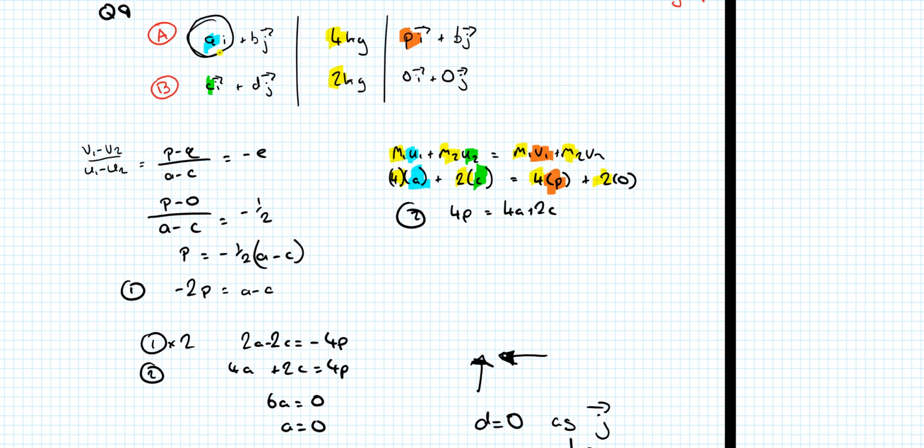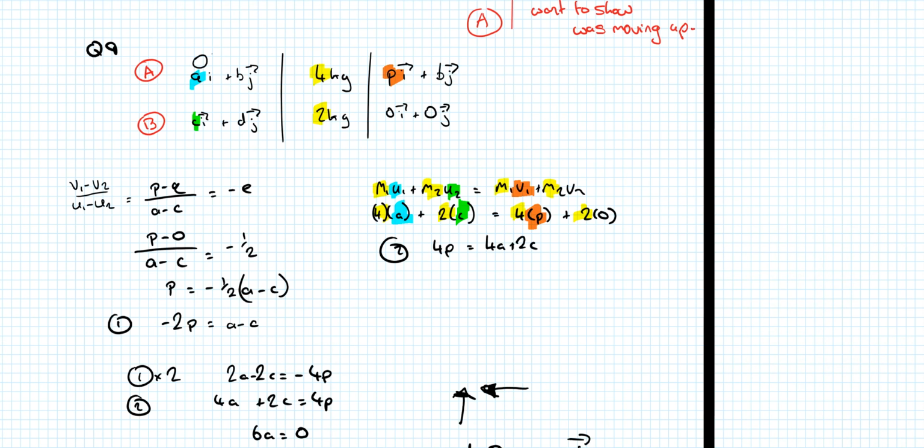Okay, so I know this is equal to 0 here. Now think, the i and the j components are going to change. So we've found that the i component has changed. So if the i velocity has changed, it's gone from 0 to p.